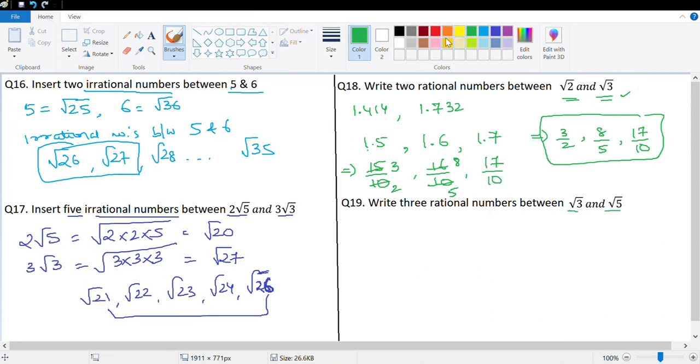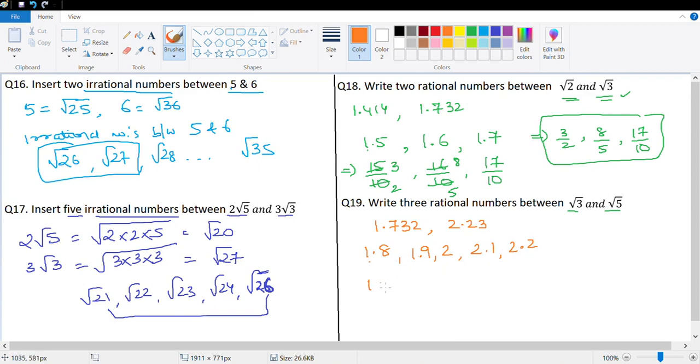Similar logic, root 3 is approximately 1.732 and root 5 is approximately 2.23. The numbers between these would be 1.8, 1.9, 2, 2.1, 2.2. I have inserted 5. Again, this is not rational yet.